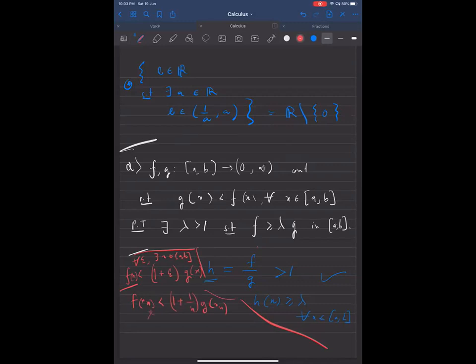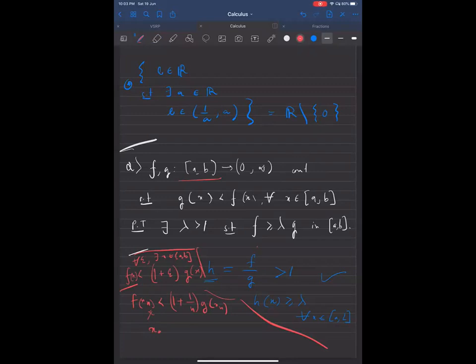So we get a sequence xn in this closed and bounded interval AB. So xn has a subsequence which converges to some limit point, let's say x0.